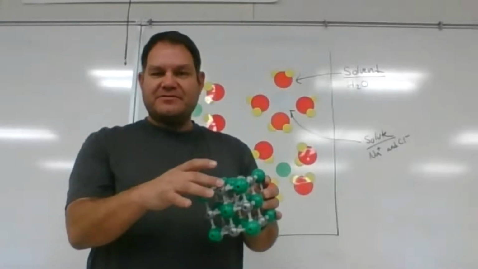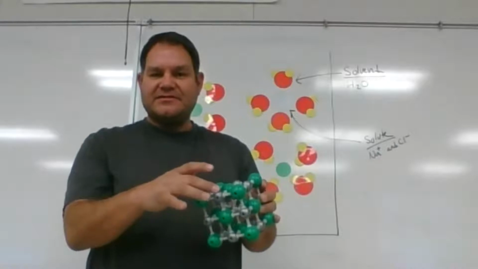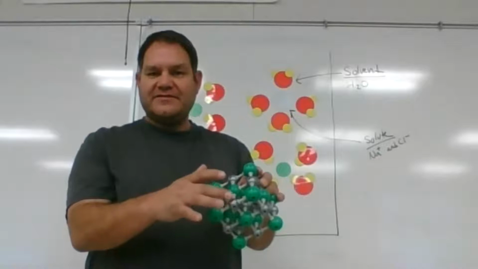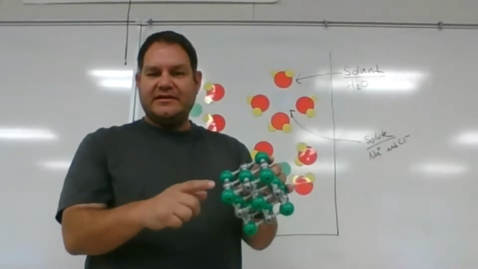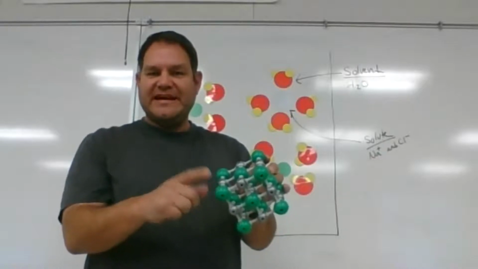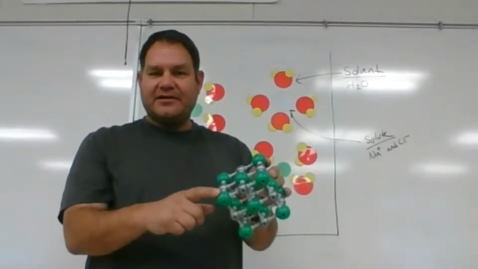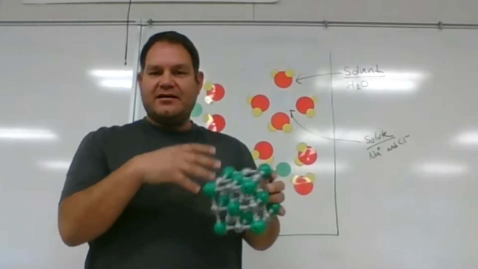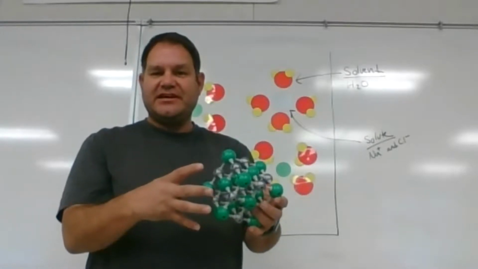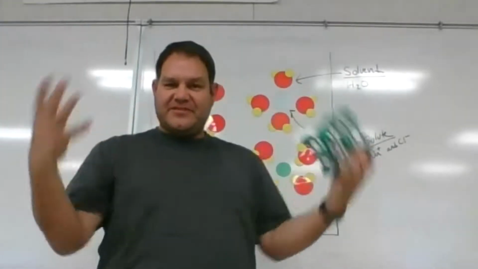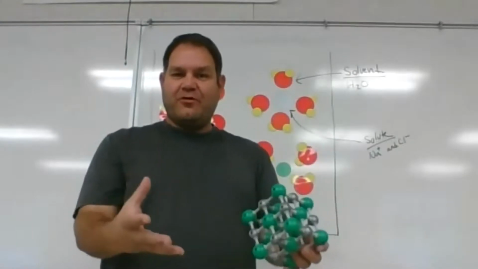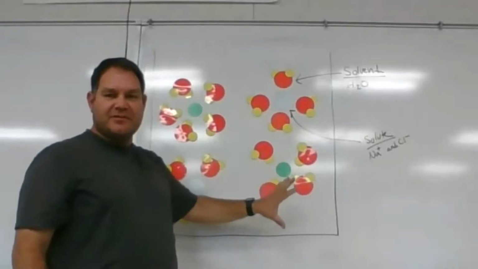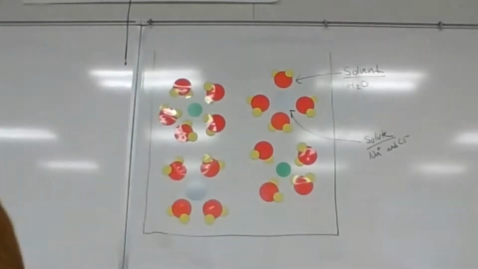So the metals, remember, they're cations, and so the metal, sodium, is going to be a positive cation, and the non-metal chlorine is going to be a negative anion, okay? And so those ions, after everything's been dissolved in water, are going to form a particle diagram like this, okay?